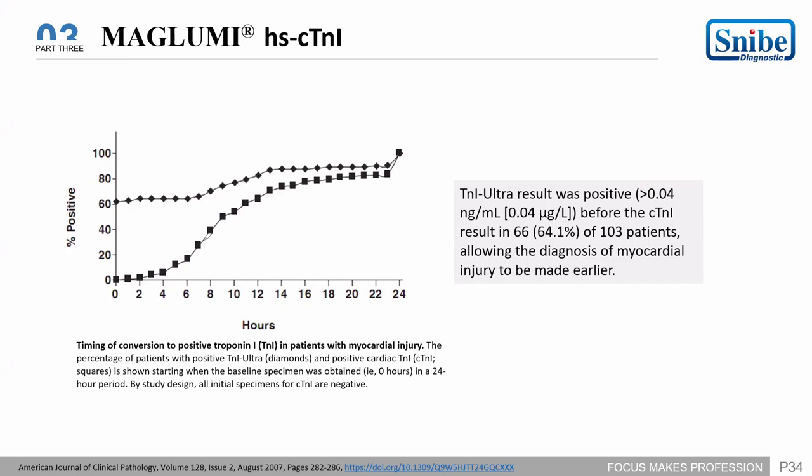Before that, the conventional troponin I result was positive in 66 of the 103 patients, allowing the diagnosis of myocardial infarction to be made earlier. So 64% of patients got earlier result confirmation through this serological testing of high sensitive troponin I as compared to the conventional troponin I results.